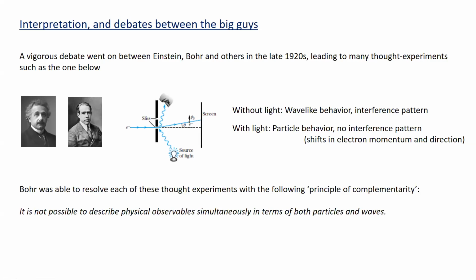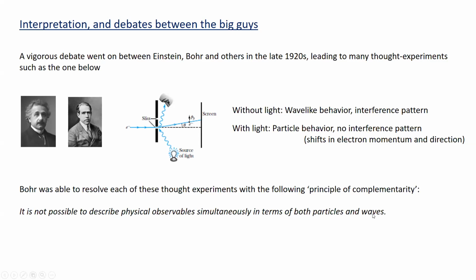And this led Bohr to, Bohr was able to resolve this and a series of thought experiments that Einstein and several others proposed with his principle of complementarity. That is, which he said, it's not possible to describe physical observables simultaneously in terms of both particles and waves.